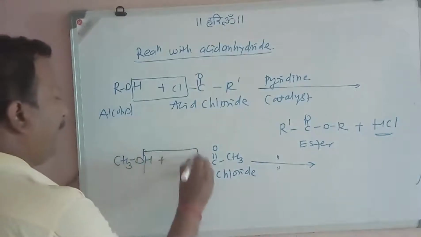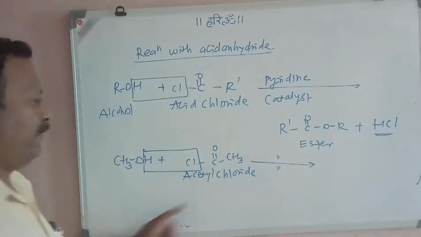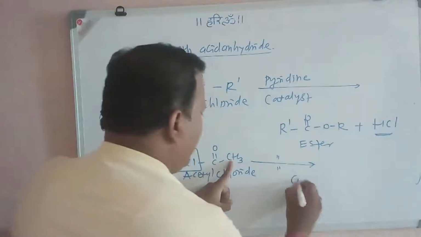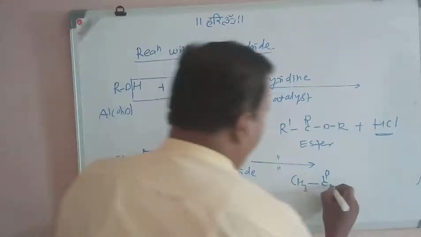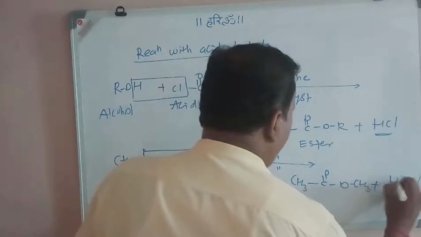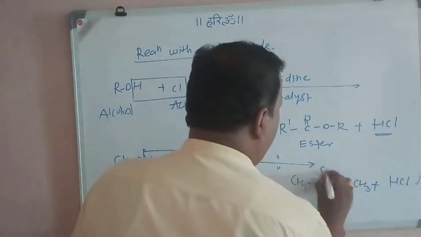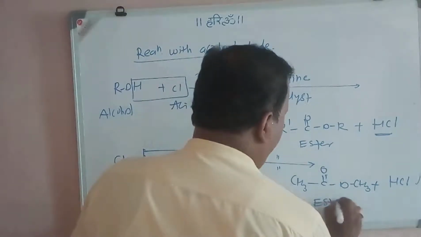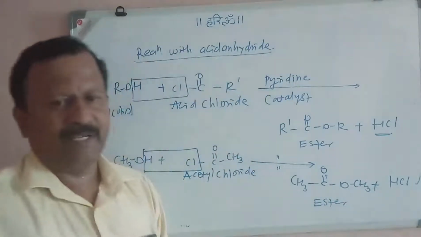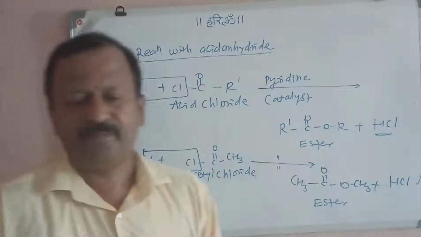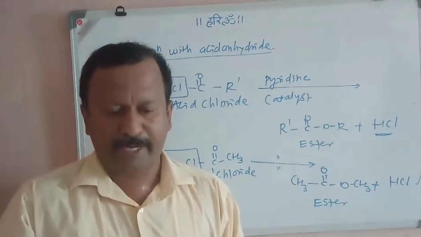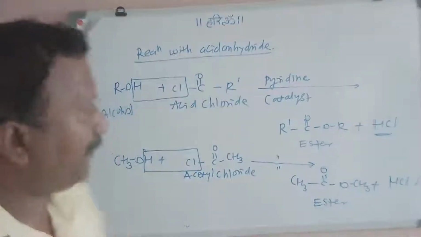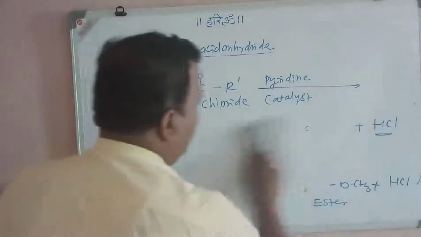There is a formation of HCl as the byproduct, and we got the corresponding ester like this: CH3C double bond O OCH3, with the formation of HCl as the byproduct. So in this way we can prepare ester, and the reaction is called the esterification reaction. आपण तिसरी मेथड बघितली, how esters are formed, how esters are obtained. आपण आता आणखीन एक एक्झाम्पल बघूया in case of phenol.